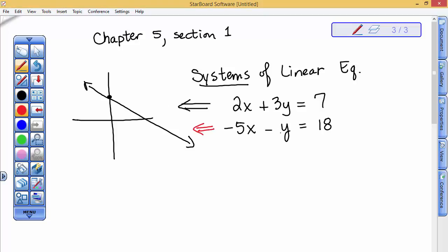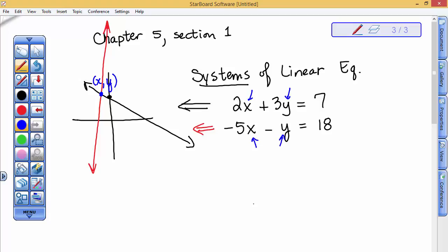If I were to graph it, it would intercept the y-axis way up here, and it has a positive slope. It would look something like this. So we're going to graph a system of equations, and we're going to find where those two lines cross one another, and that ordered pair, that x and y value, is going to be a solution for x and y in both of these equations, which is called a system.